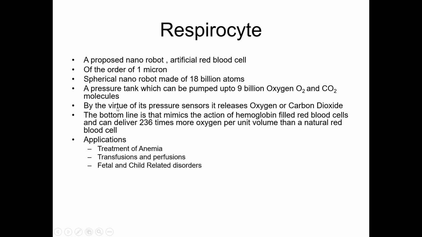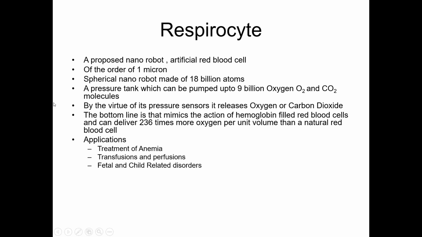By virtue of its pressure sensor, it releases oxygen or carbon dioxide. The bottom line is that it mimics the actions of the hemoglobin in red blood cells and can deliver 236 times more oxygen per unit volume than a natural red blood cell can. What does it mean?